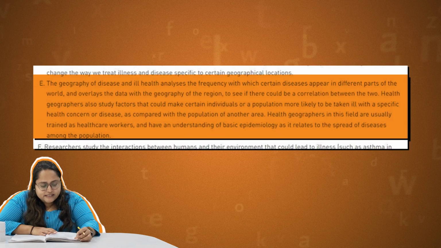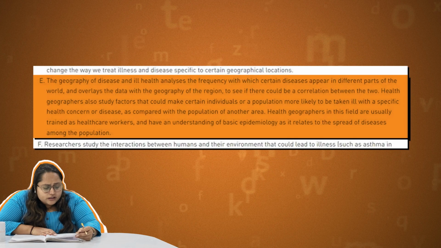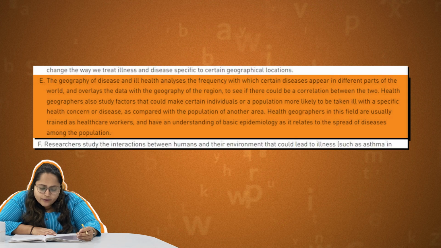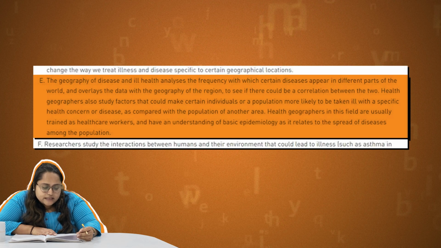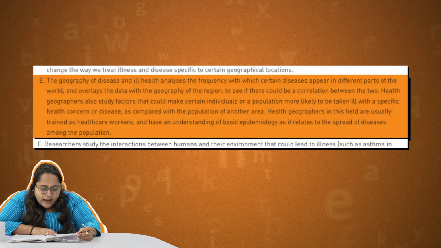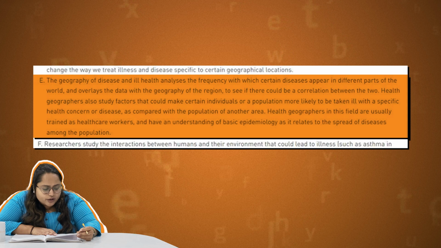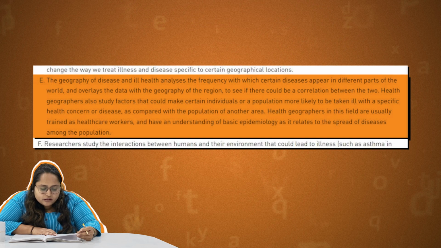Now let's go to question E. The geography of disease and ill health analyzes the frequency with which certain diseases appear in different parts of the world and overlays the data with the geography of the region to see if there could be a correlation between the two.